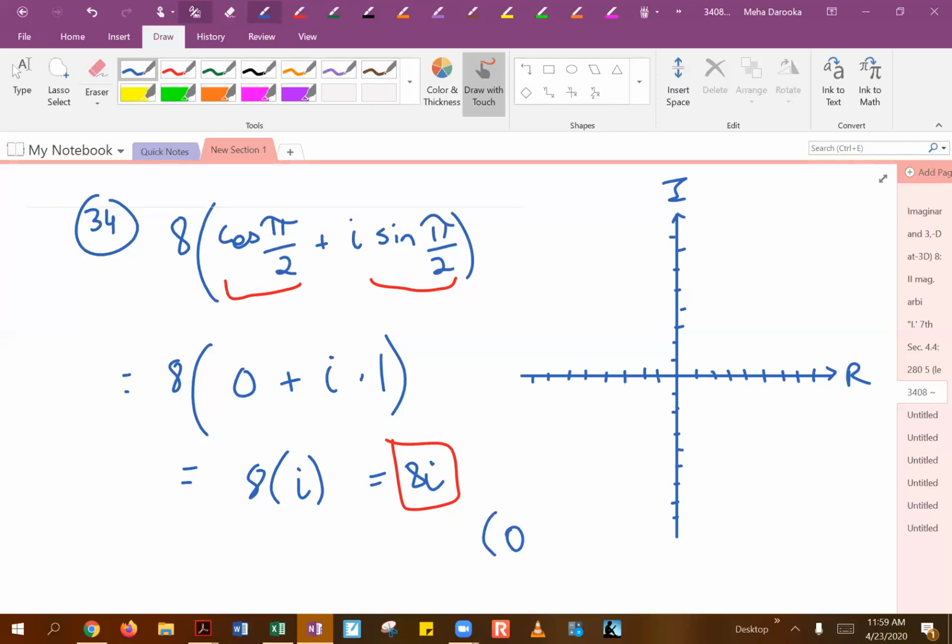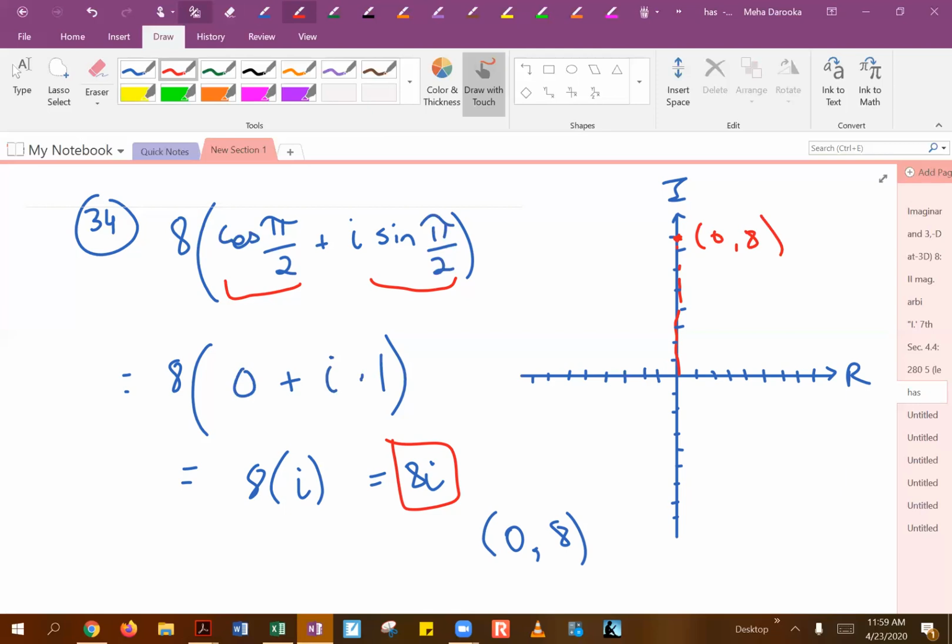That tells us the real part is going to be 0 and the imaginary part is 8, which means you are looking at the positive imaginary axis, and you're going up to 8. So that's where you would place it, and this would just be your distance from the origin. So (0, 8). All right, very good.